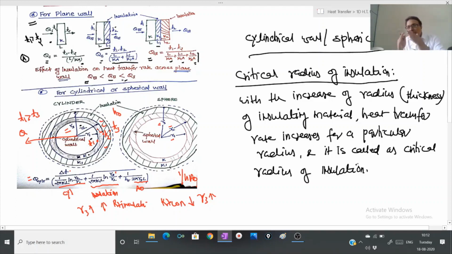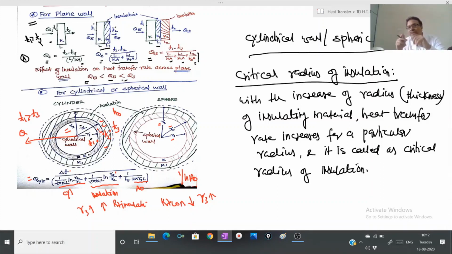Okay, so when we provide insulating material over a cylindrical or spherical surface, and we go on increasing the outer radius of the insulating material, up to a particular radius of insulation the heat transfer will increase, and at a particular radius the heat transfer rate will be maximum.